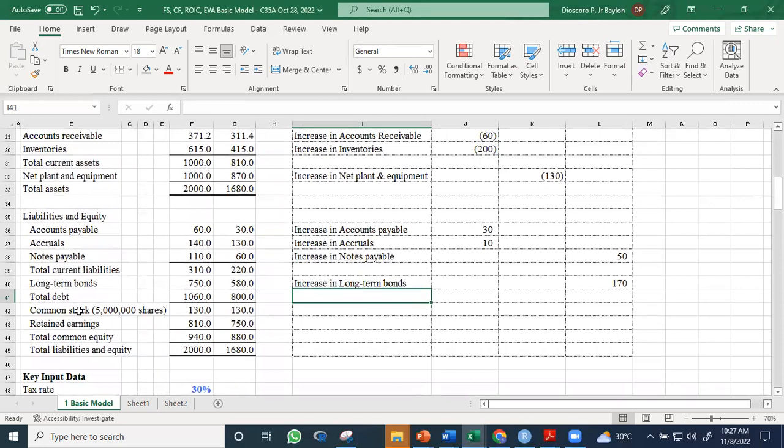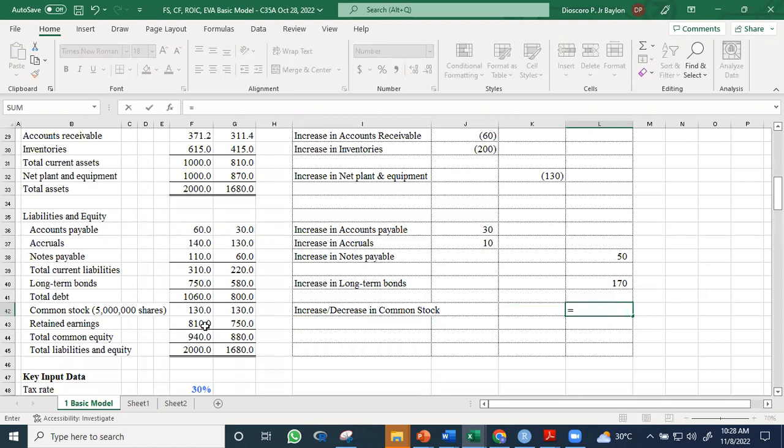Okay, common stock. If there was also a change in common stock, let's just put something here, increase or decrease. Any change in your common stock should also be part of your financing.